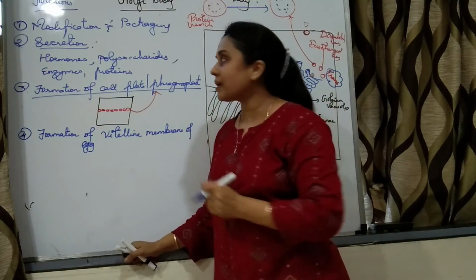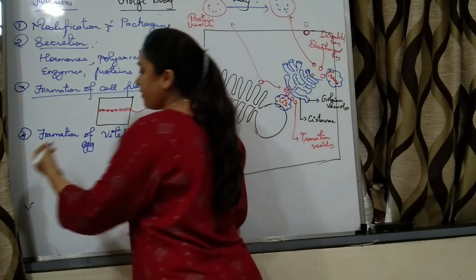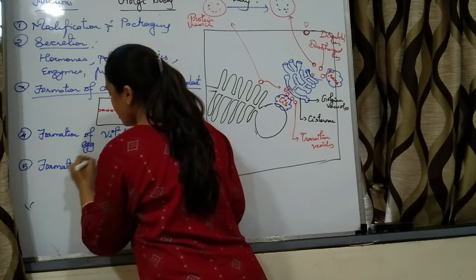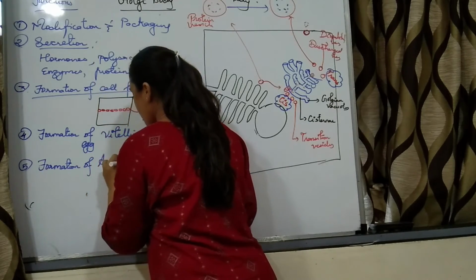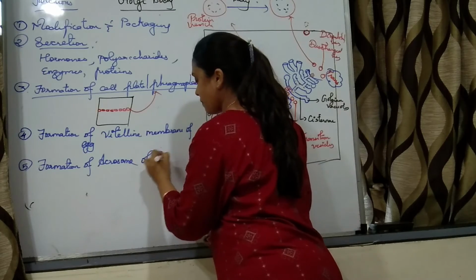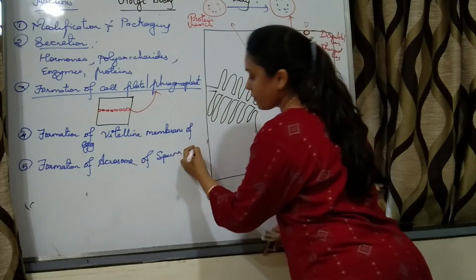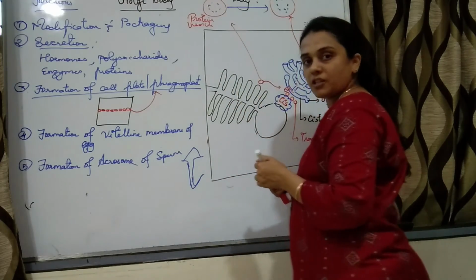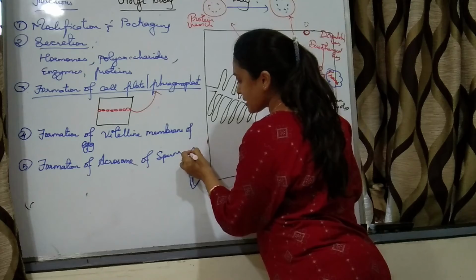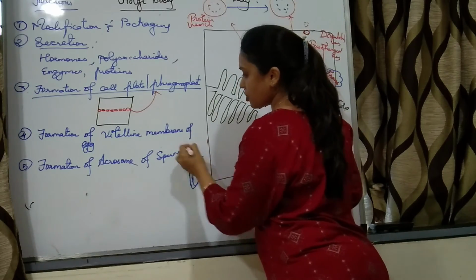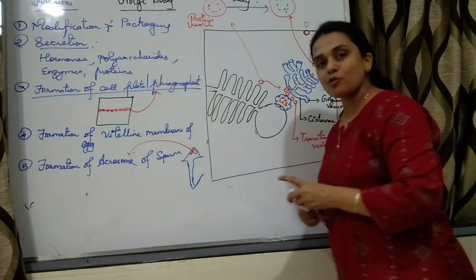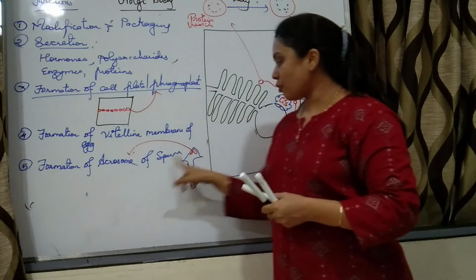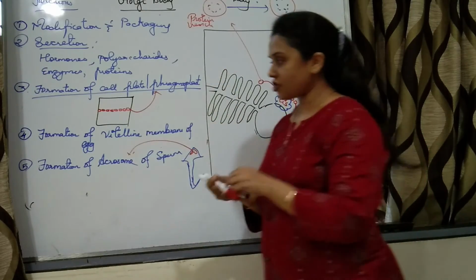That membrane is the vitelline membrane, and the Golgi body is involved in its formation. Then the fifth function is formation of the acrosome of the sperm. A sperm has a head, middle piece and tail, and its anterior part is a cap-like structure. That structure is the acrosome. This acrosome is filled with many enzymes such as hyaluronidase. The acrosome of the sperm is formed by the Golgi body.